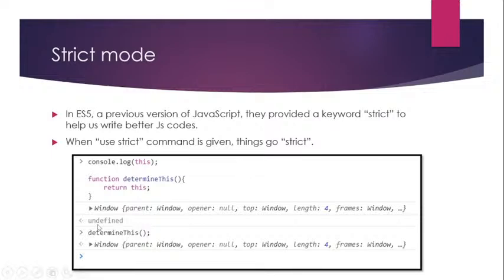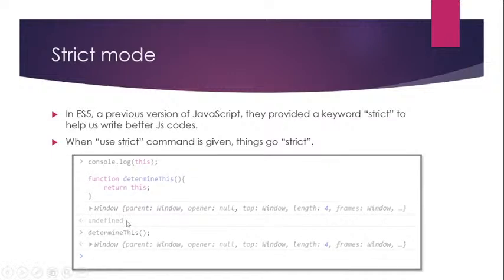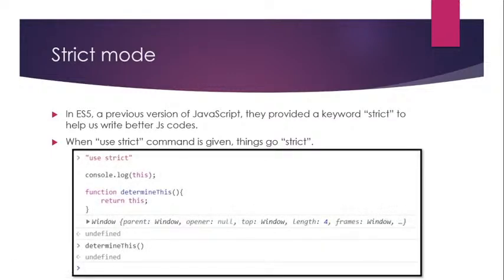So as we can see in this example, determine this is returning the window object, but however it should return the value undefined. Okay, so if we are to use strict, then in that case console.log will give you the window object because it's in the outer scope, but determine this will give you undefined because there was no object defined for this function to hold.